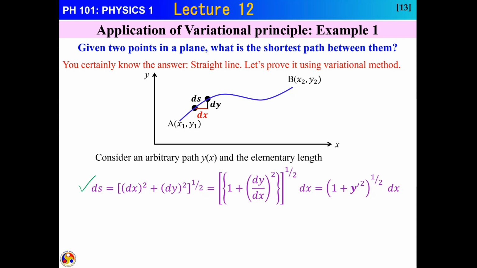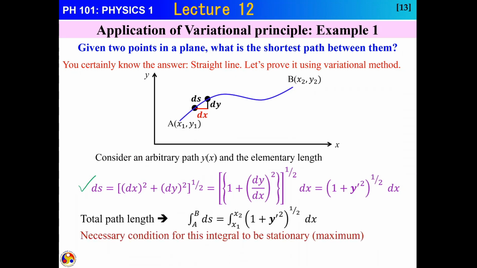If this is true, the total path it travels from A to B with this small elementary length is the integral from x1 to x2 of the square root of 1 plus y prime square dx. Now, if this is going to be the shortest path between A and B, then it must satisfy the condition we have explained, such that this integral is stationary.